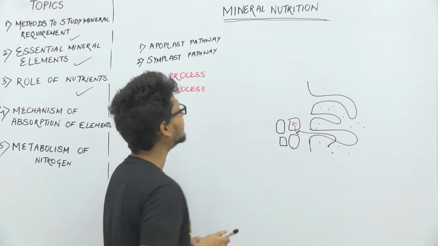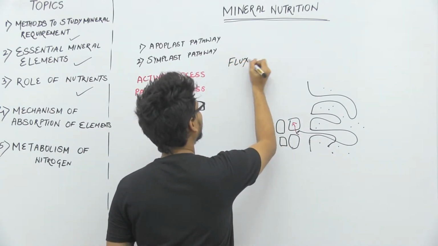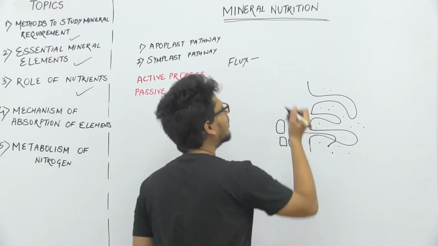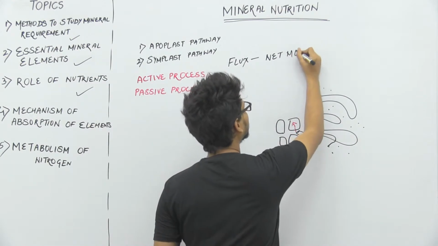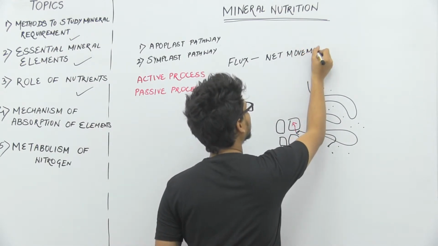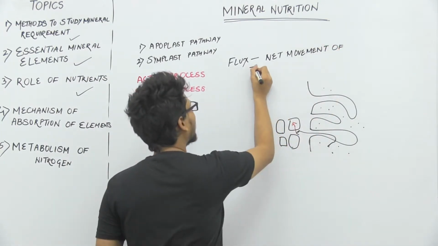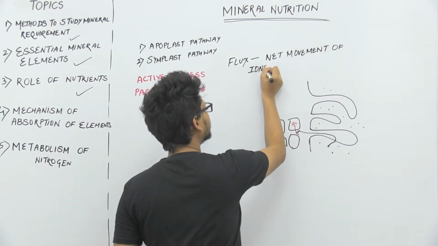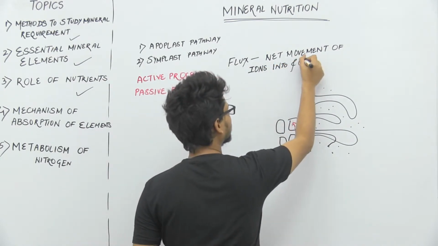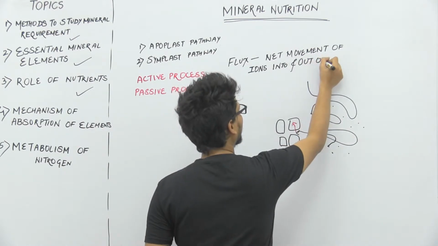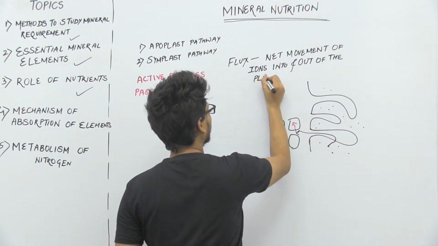So what is flux? I'll write it down somewhere. Flux is the net movement of ions into and out of the plant or plant cell for that matter.